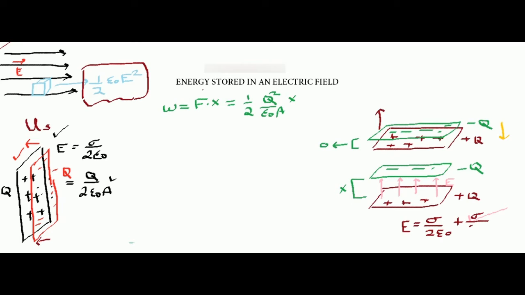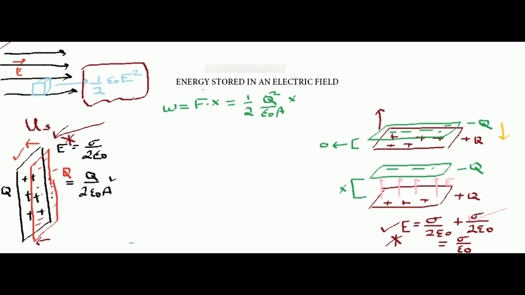So just using the mod, I'm just forgetting the charge. I can write that the total electric field in between the two sheets is sigma by epsilon naught. Remember that this electric field is not equal to the earlier electric field, both are different. One is the electric field due to only one sheet. This is the electric field between the two sheets due to both the sheets.